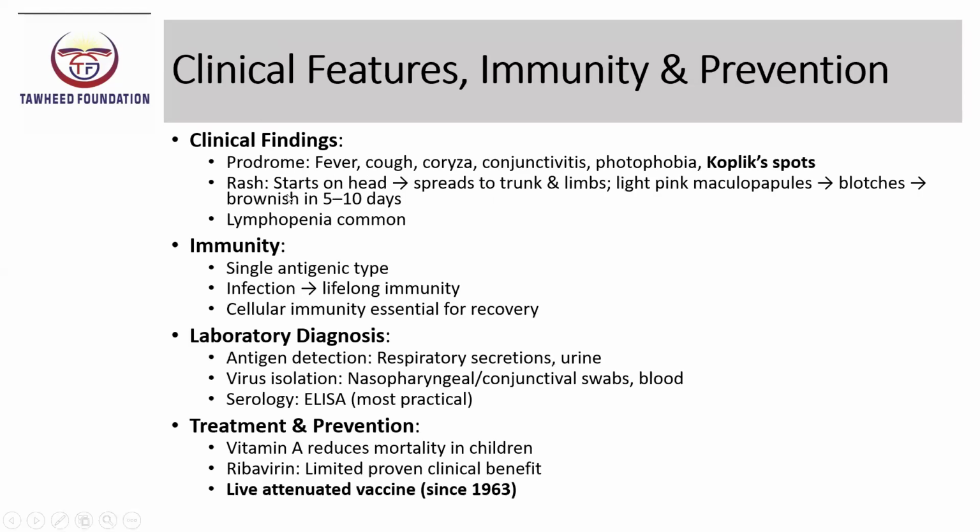Clinical findings. The prodromal phase is characterized by fever, sneezing, coughing, running nose, redness of the eye, Koplik spots, and lymphopenia. The conjunctivitis is commonly associated with photophobia. The rash starts on the head and then spreads progressively to the chest, the trunk, and down the limbs.